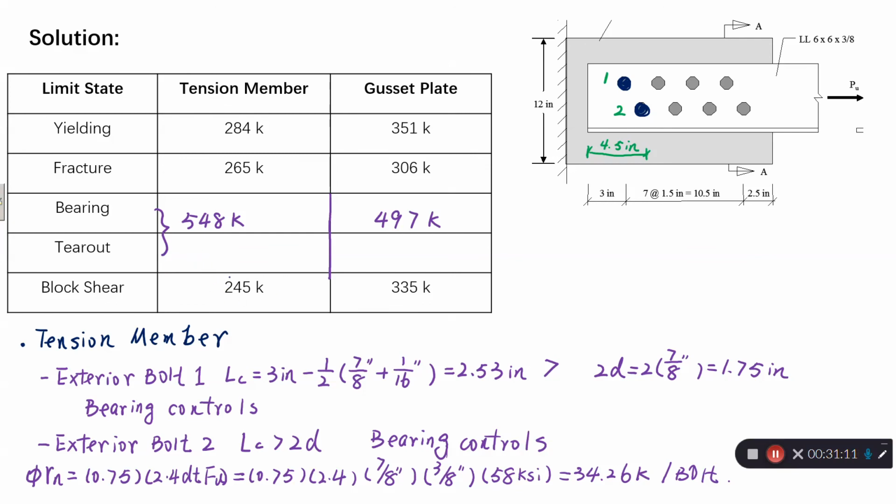Still the block shear will be controlling. So from now we have checked all the limit states. But remember, there is still one limit state we haven't checked yet. The last one will be the shear. The last limit state we should check is the shear capacity of the bolt.